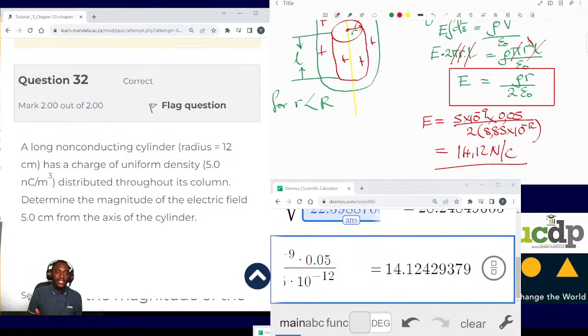So if you are given a cylinder, then a perfect Gaussian surface should also be a cylinder. Anyone who wants to respond to the question that was raised there, you can unmute your mic or type in the chat box.